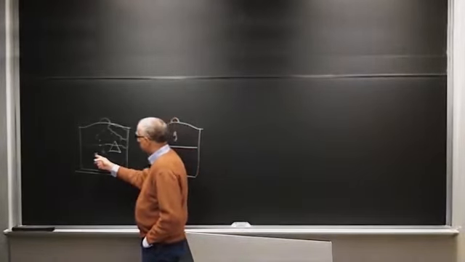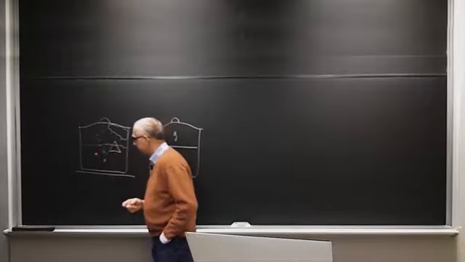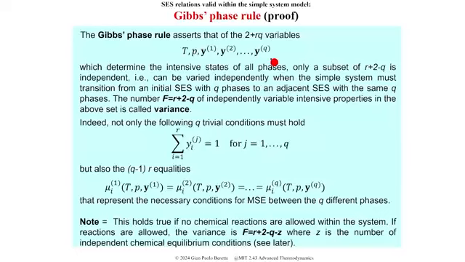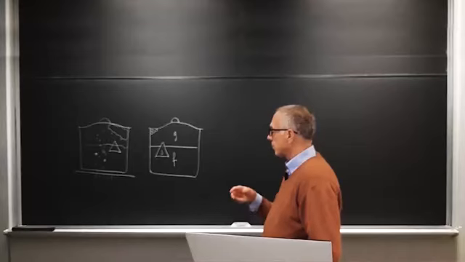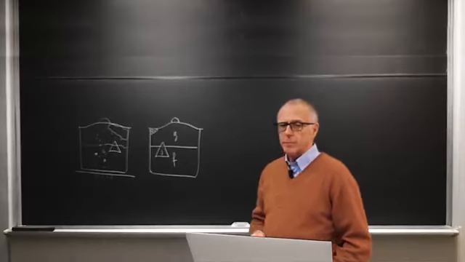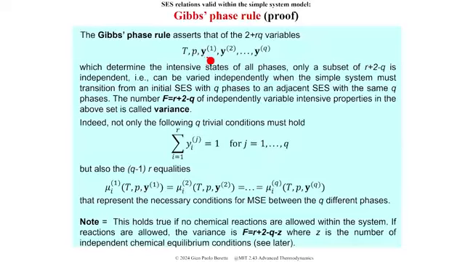The intensive states that are present here, the number of independent properties that define the intensive state is this much, is T, p plus the composition of each of the phases.